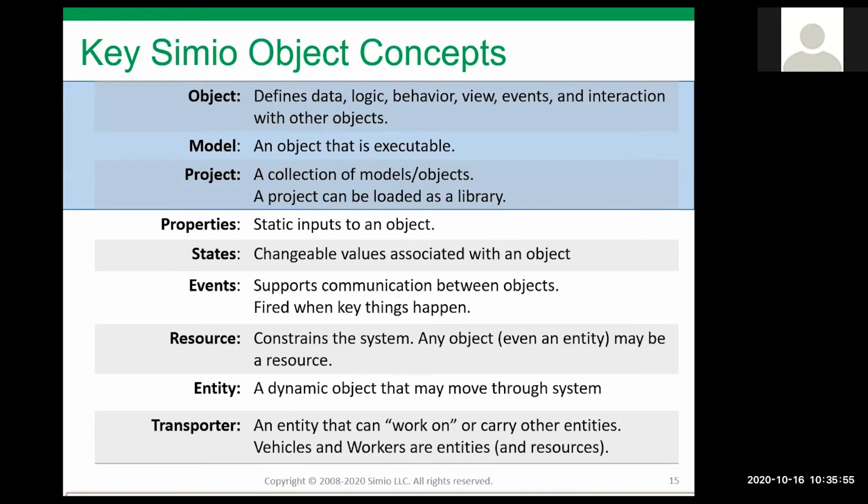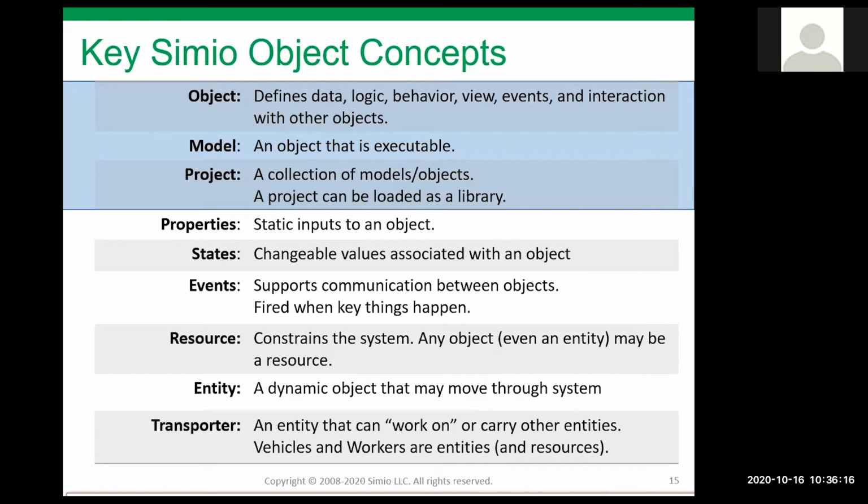Some other products have very simple things, sometimes called modules or other things. But in Simio we call these objects because they do conform to the programming definition of objects, but probably more important than that, these are complex things.